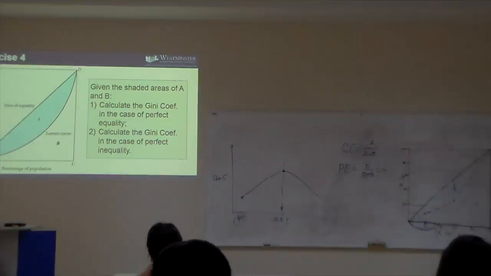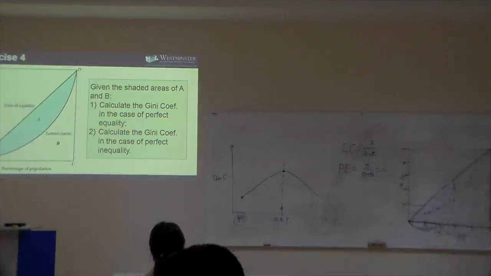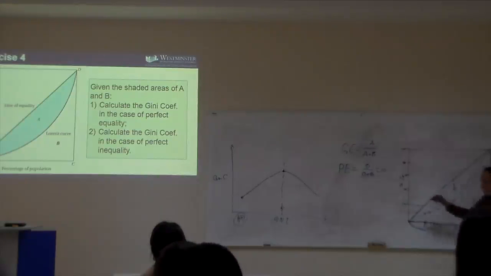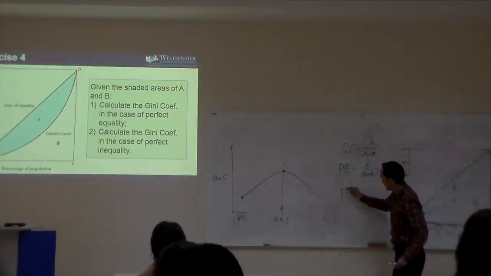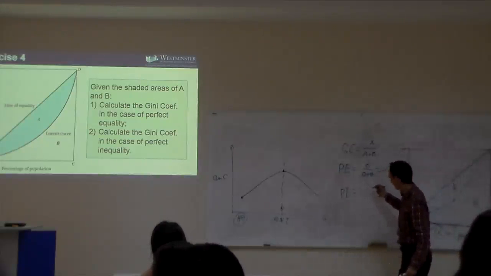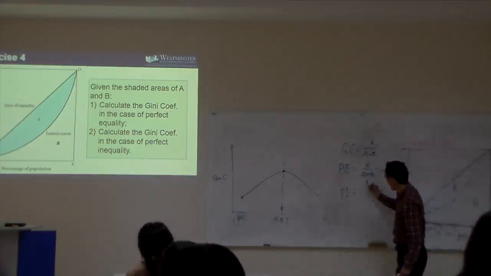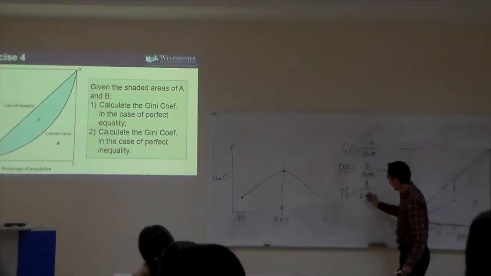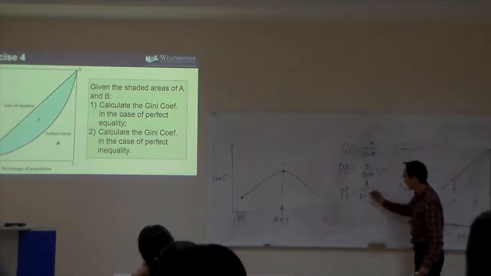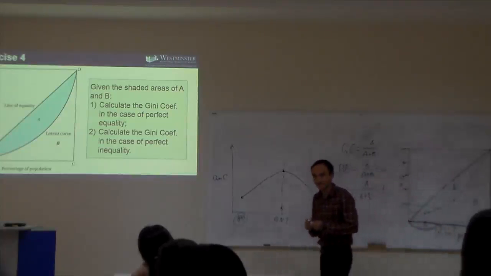Which means area A, the gap, is maximum size, where area B disappears, which is equal to 0. So now we have area A over area A plus area B equal to 0, which will give us 1. Okay?